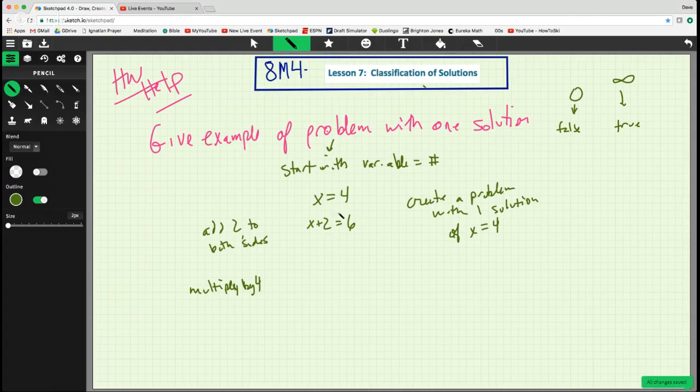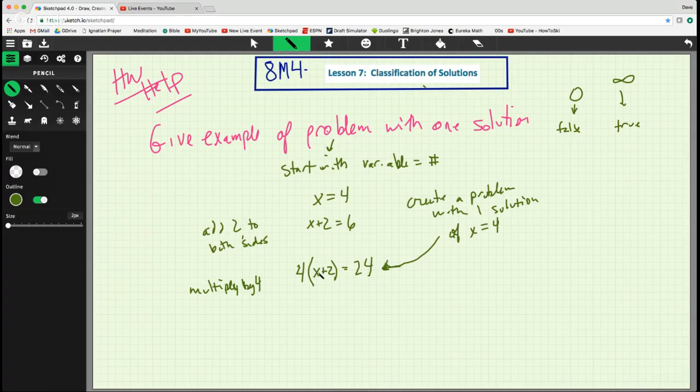I added 2 to both sides, but you can almost just look at it and see, well, 4 plus 2 equals 6. And now I'm going to multiply both sides by 4. So I have to multiply the whole left side by 4, equals 24. And this is a problem whose answer is x equals 4.